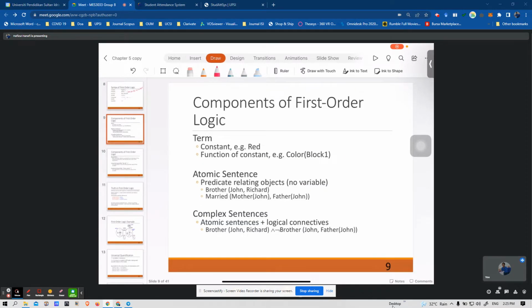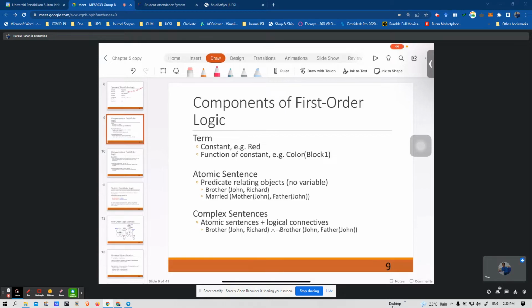Okay, for the components of first order logic, we have terms here, atomic sentences, and complex sentences. For the terms, we have constants, for example, and functions of the constant, for example, color.